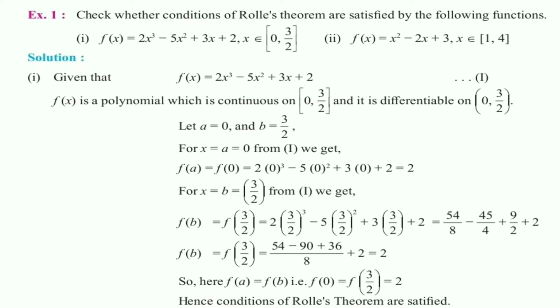Given that f of x equal to 2x cube minus 5x square plus 3x plus 2. This is equation 1. F of x is a polynomial which is continuous on closed interval [0, 3/2] and it is differentiable on open interval (0, 3/2).